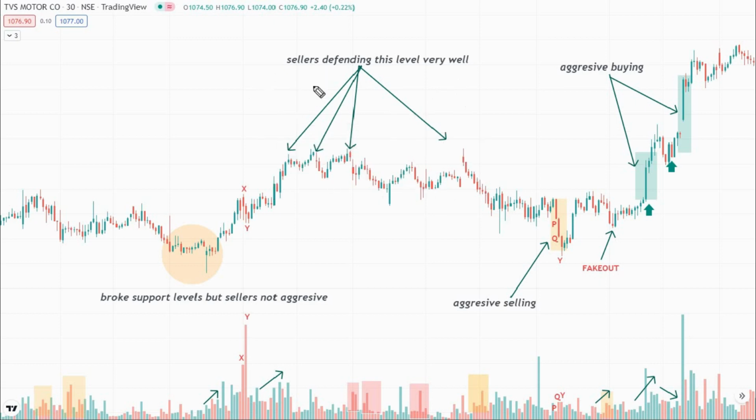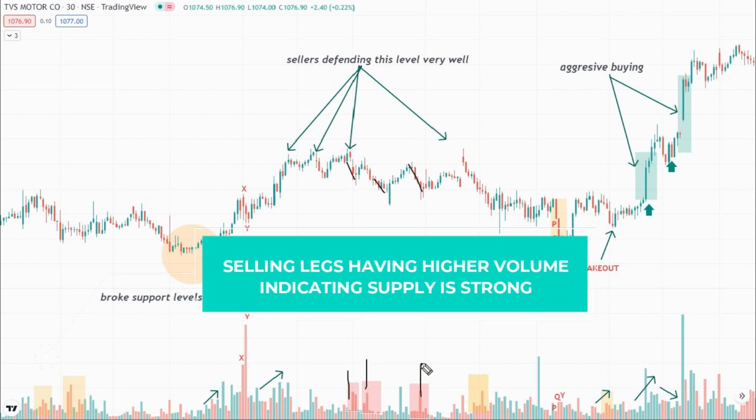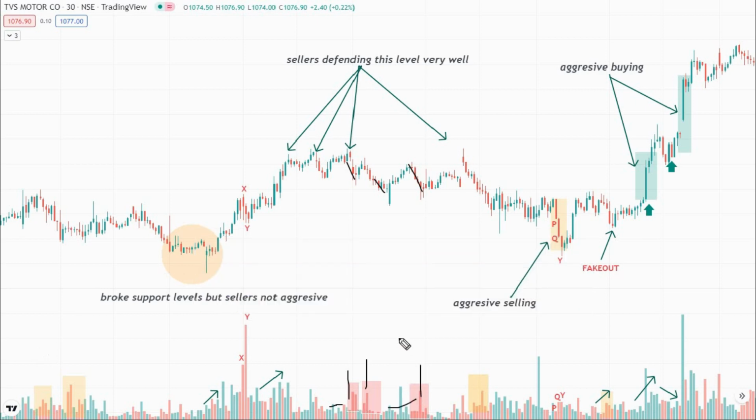Now also see, the selling legs have an increase in volume. The selling legs have higher volume than the buying legs. So what is this indicating? This is indicating that at this juncture, sellers are more aggressive and powerful than the buying side.